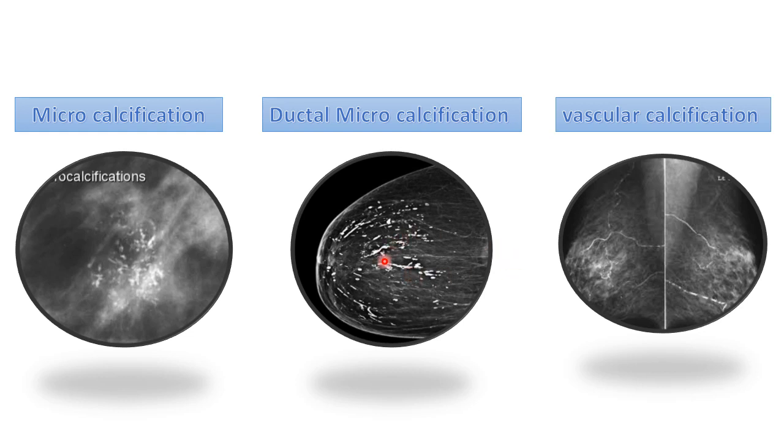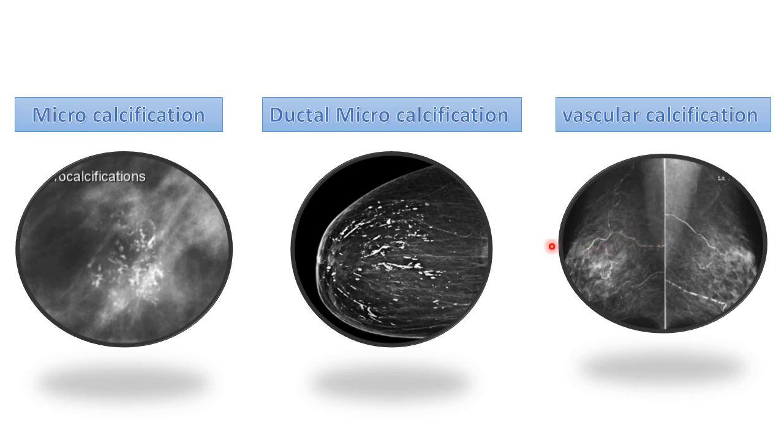And if we want to speak more about this mammography, these lines are the ligaments that connect the breast to the chest wall. These are not ducts, and these are the ducts and the distribution of the ducts through the breast. This is another picture showing vascular calcification.